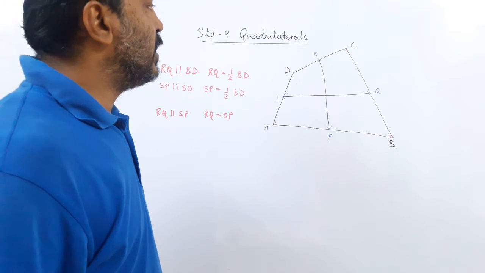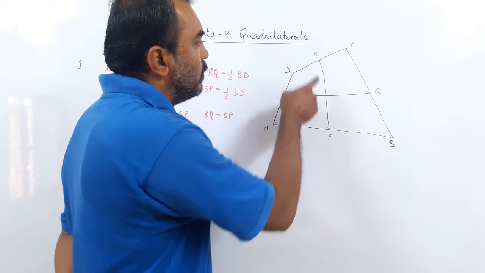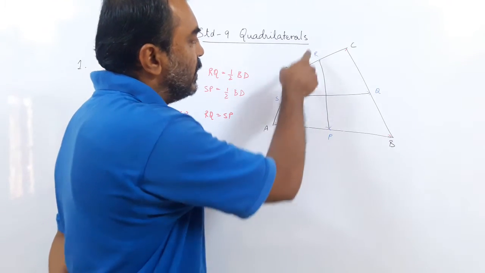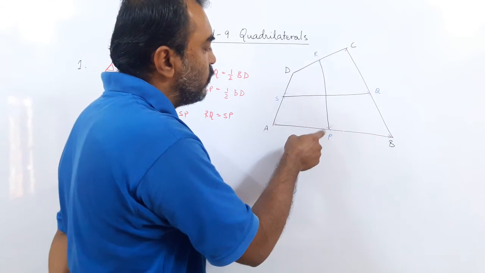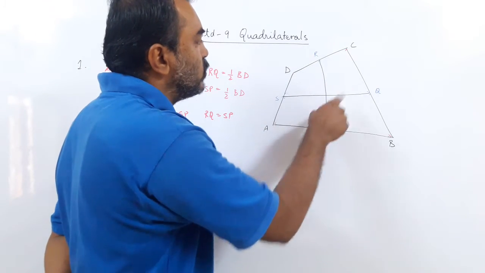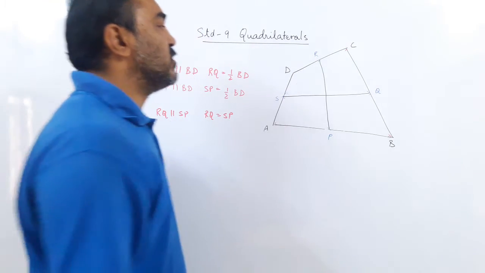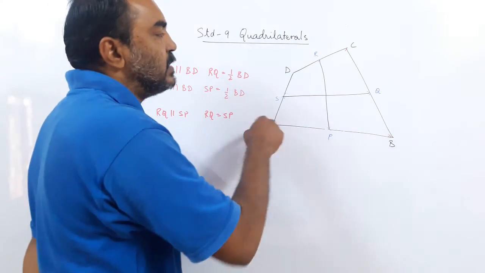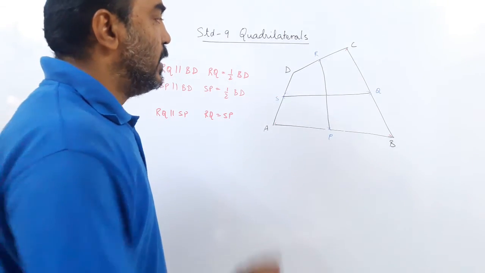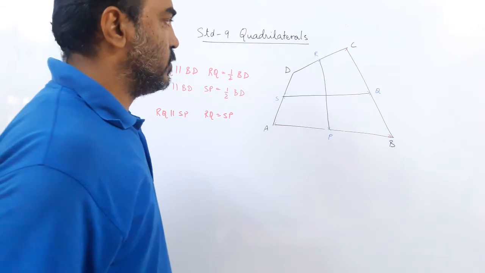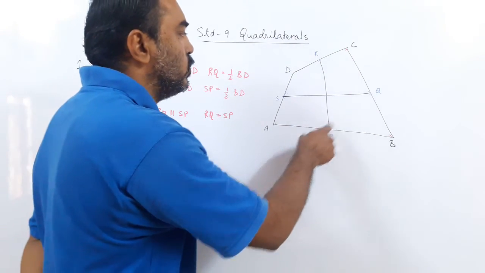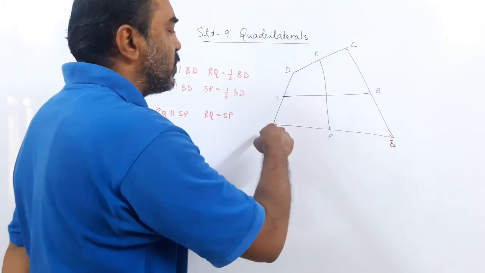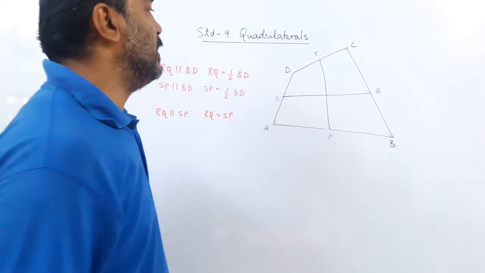And they will tell you, show that the line segments formed by joining midpoints of the opposite sides bisect each other. So what is the question here? ABCD is a quadrilateral with midpoints PQRS respectively of sides AB, BC, CD, DA.